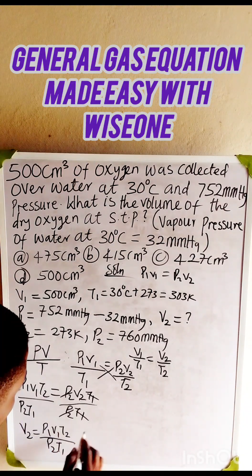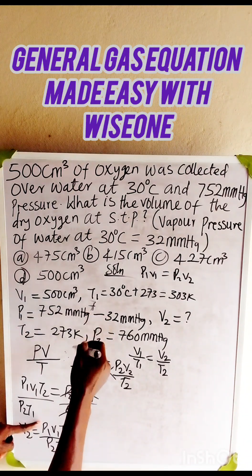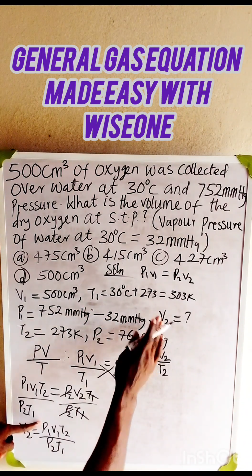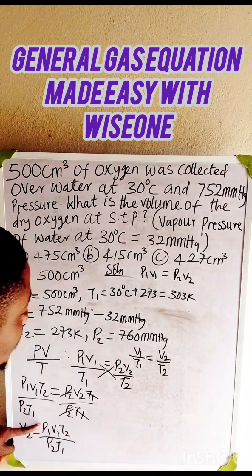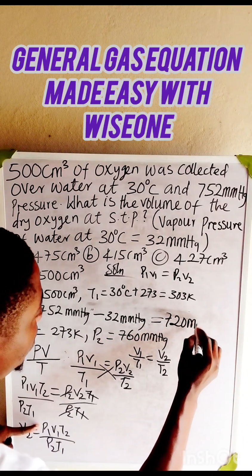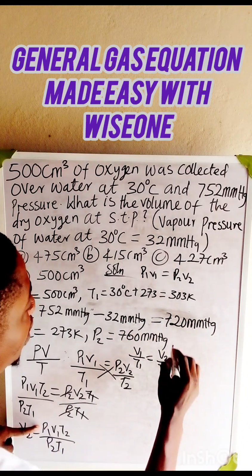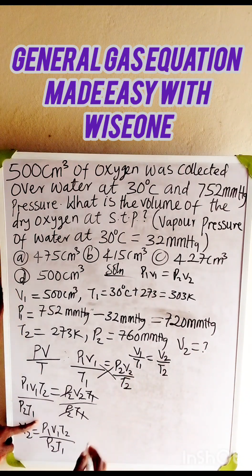So let's do our substitution. Our P1 now is 720 millimeter mercury after we subtract, and V2 is what we're looking for.